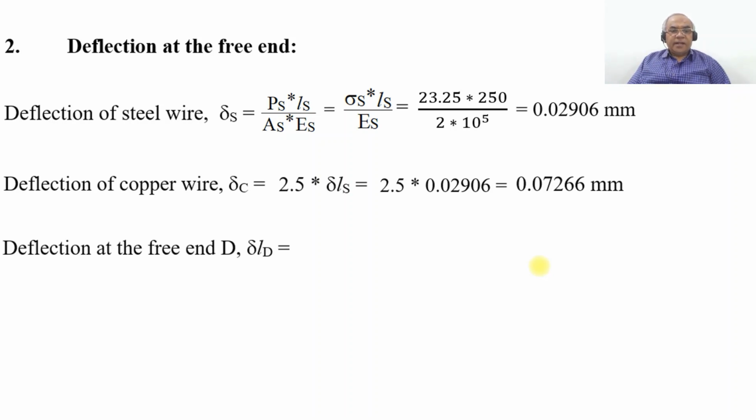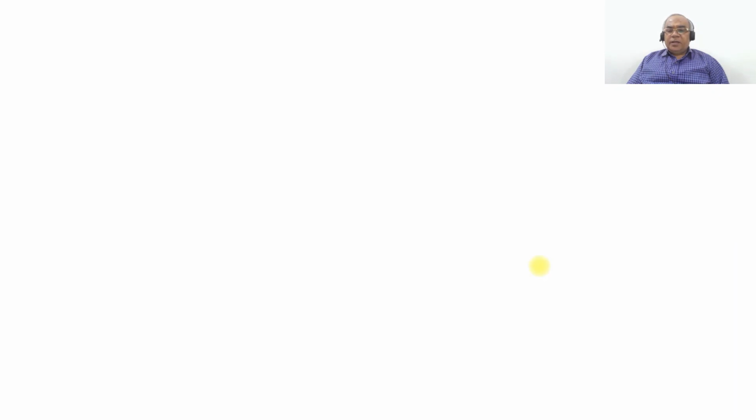So the deflection at the free end, delta LD, will be equal to 3.5 into delta LS. The delta LS here is delta S. So 3.5 into 0.02906, on simplification, you are going to get 0.10172 mm.